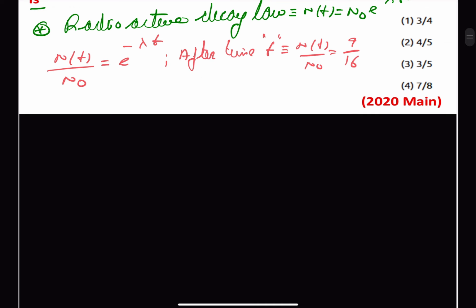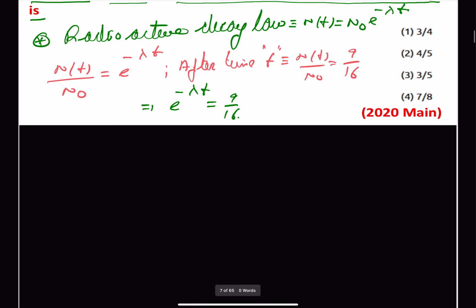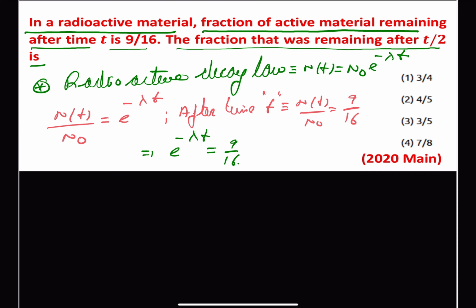And from here we can say that e raised to power minus lambda t will be equal to 9 upon 16. And in the second case, we have to find out the fraction that was remaining after time t by 2.